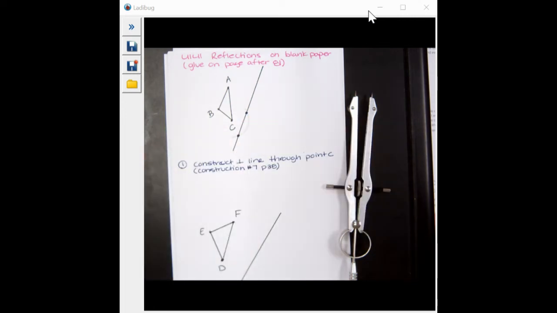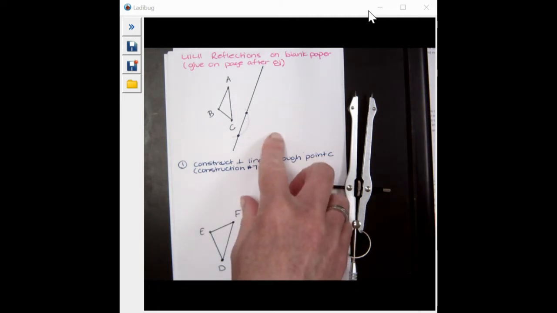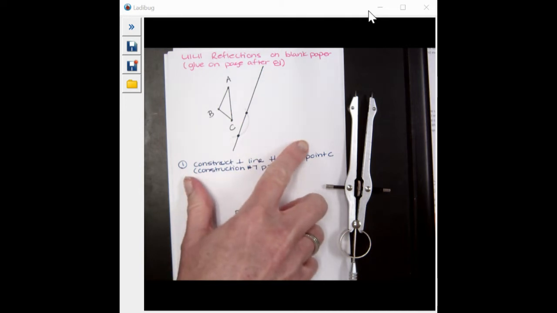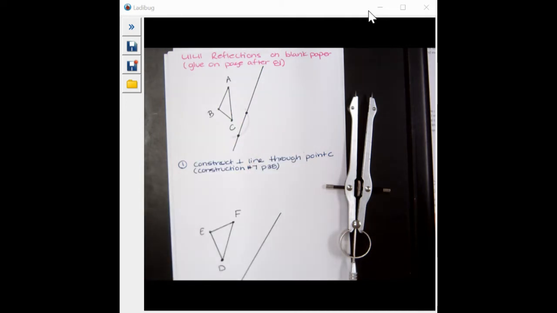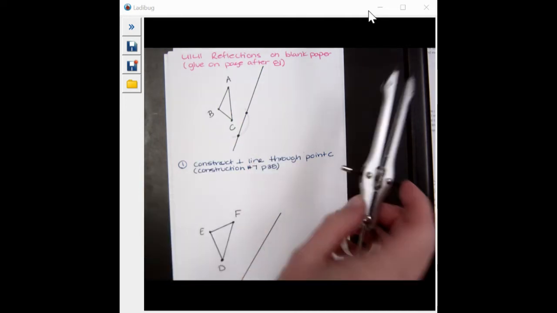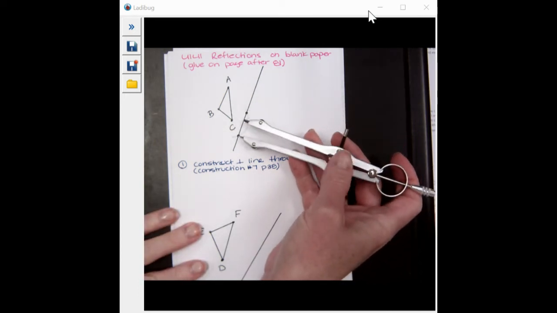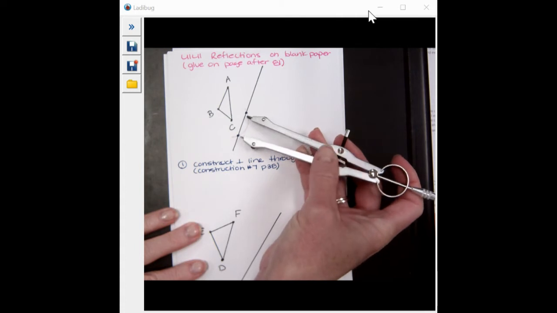I need those 2 intersection points to now find a place over here, an intersection over here, to draw my perpendicular line through C. So my next step then is to measure the distance of my intersection points. I'm going to change my radius.